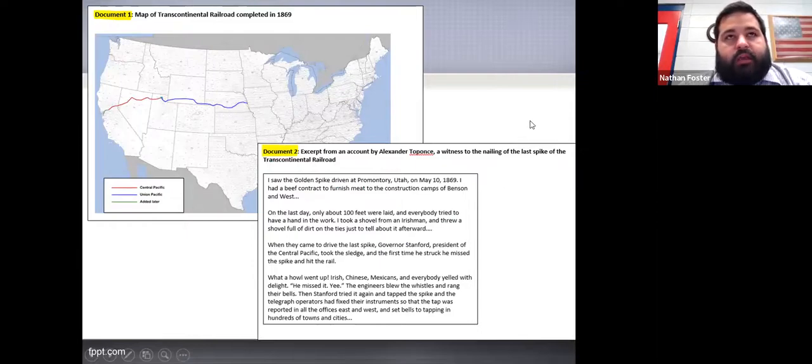So a lot of times you'll get different primary and secondary resources, all of which our students have been exposed to throughout the year at quite frequent intervals. Maps, documents, journal articles, again, those primary and secondary resources are going to be critical.